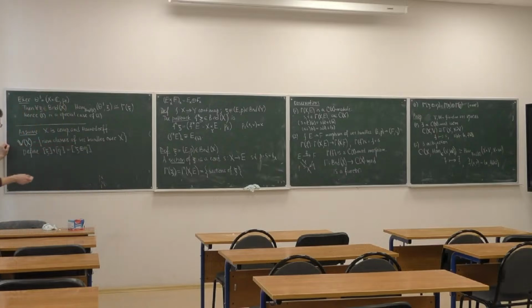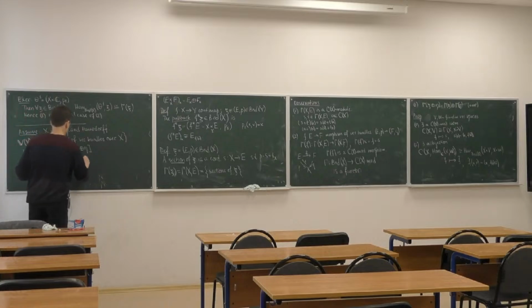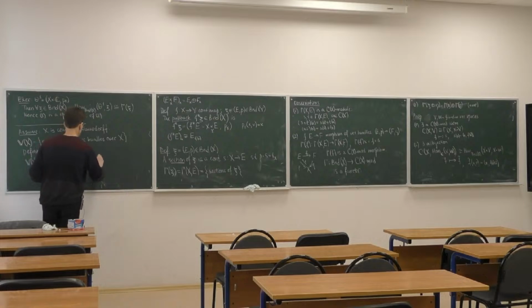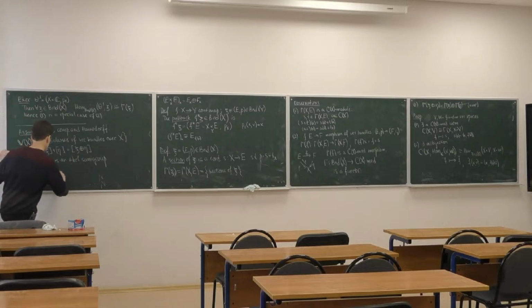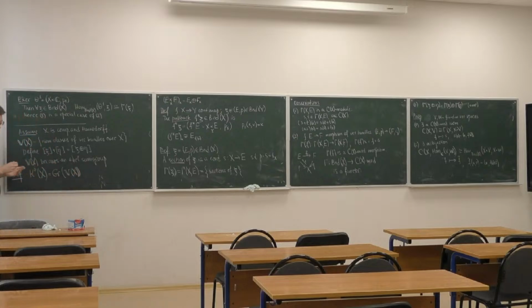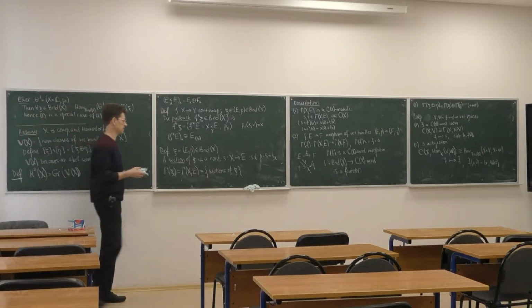And it's easily seen that under this operation, V of X becomes an abelian semigroup. And we now define the group K0 of X to be the Grothendieck group of V of X. So this is an abelian group naturally associated to X.